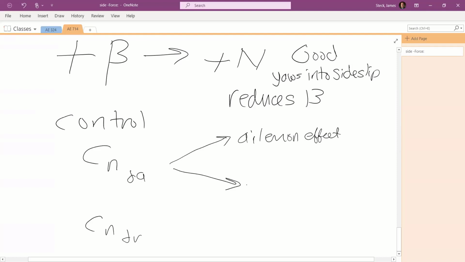And then we talked about roll spoilers, so we're going to look at that effect as well. And there's a couple nice pictures in your textbook, so I'm going to switch the screen sharing over to that.